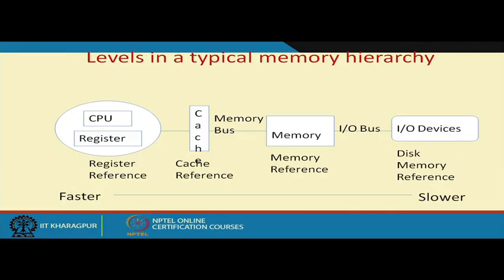In this hierarchy, nearest to the CPU, you have the registers, then you have the cache, then you have the main memory, then you have the disk memory. The fastest memory is near the CPU and the slowest memory is farthest from the CPU.